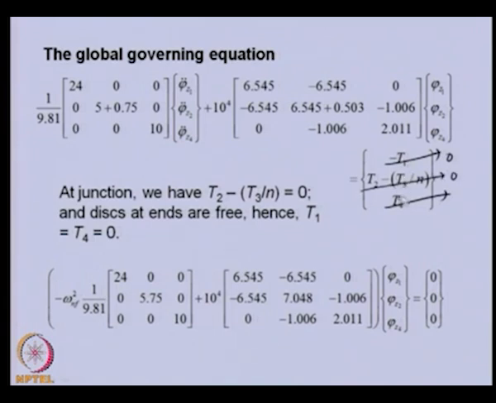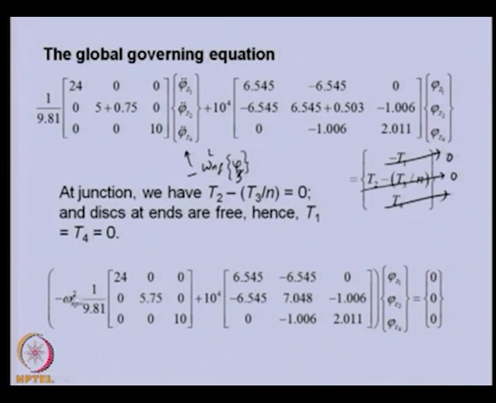Now, once these are 0, we can write this equation in this form after simplifying. In this particular case, for simple harmonic motion, we have replaced this with minus omega n square, and the displacement vector I have taken outside.